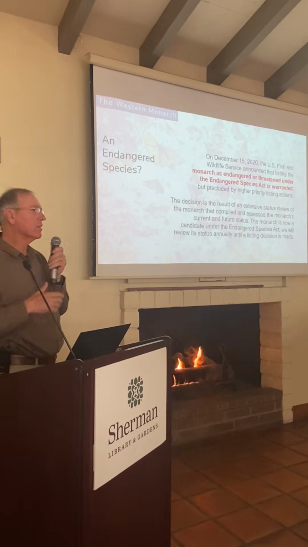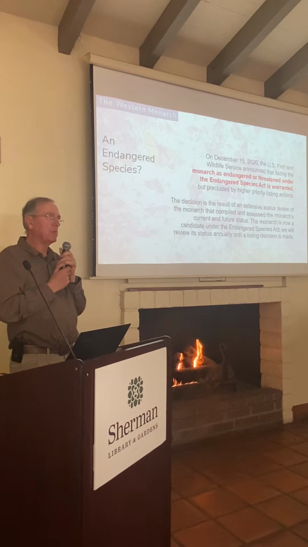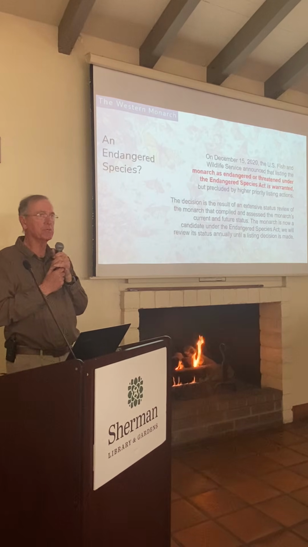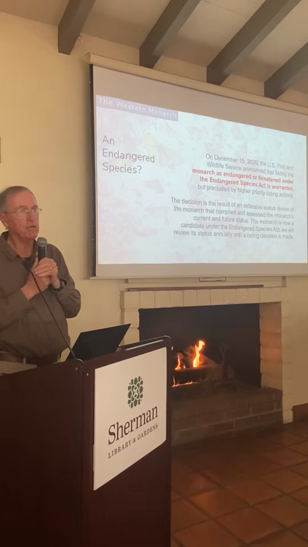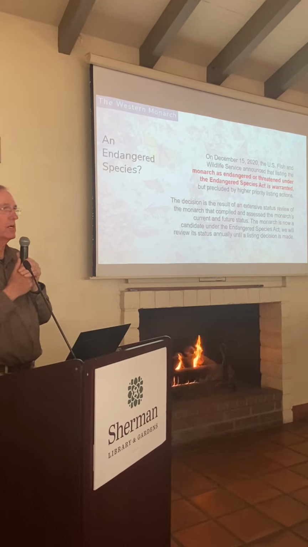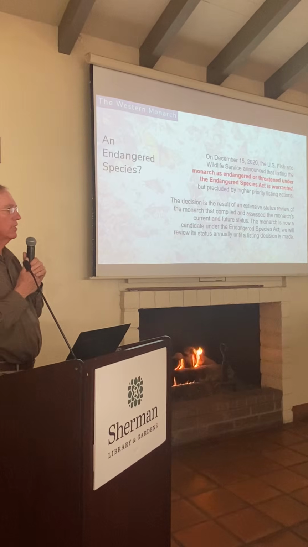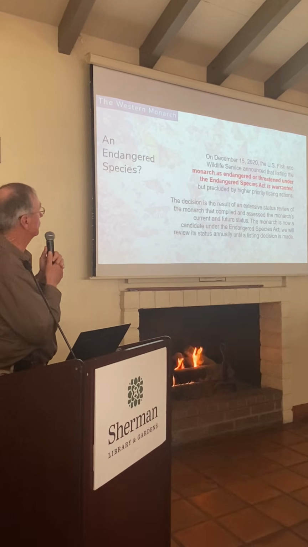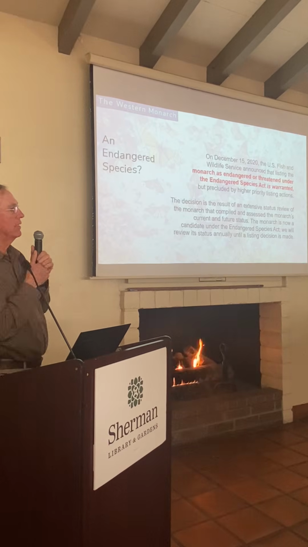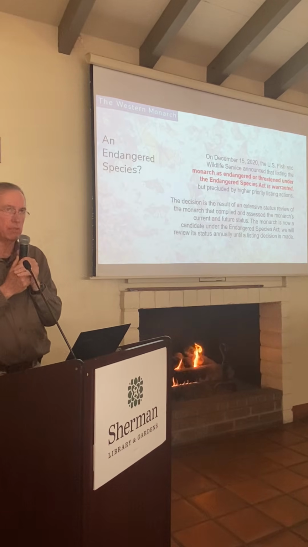You might have heard of monarchs being an endangered species. They were petitioned. There was a 5-year research effort that U.S. Fish and Wildlife and others did. U.S. Fish and Wildlife made their ruling in fall of 2020, and the ruling was complicated.